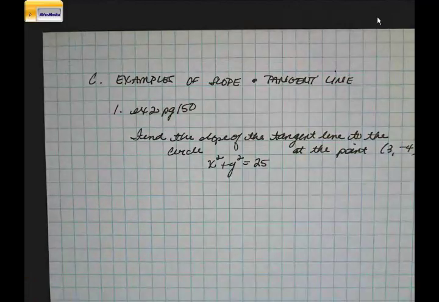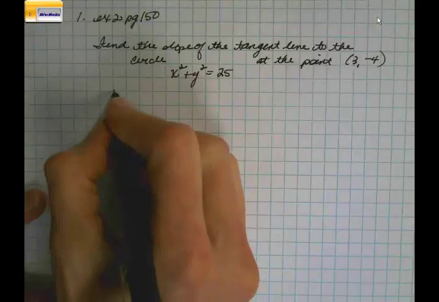Find the slope of the tangent line to the circle, or the curve, which is a circle, at the point 3, negative 4. So we kind of want to get a vision of this.